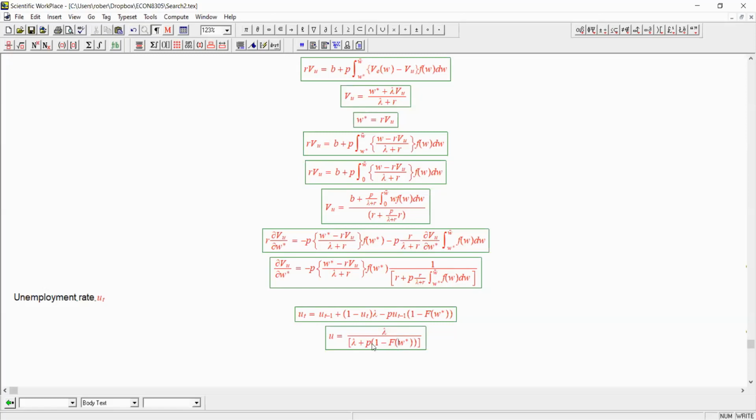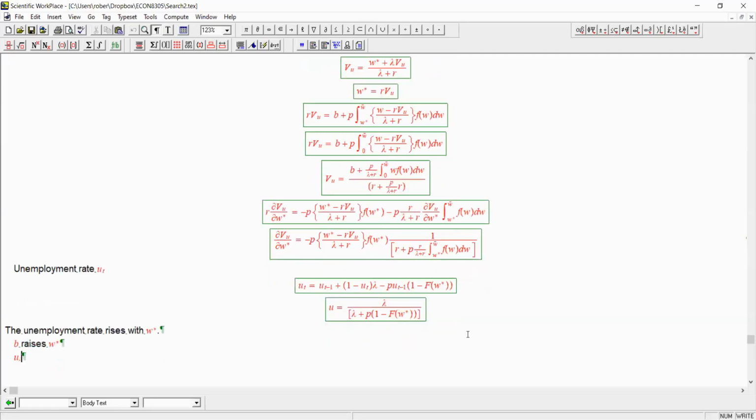So of course that means this declines, the denominator declines, and that means that the unemployment rate rises. The unemployment rate rises with w star. And you may remember that we were discussing before that B raises w star. Therefore, the long run unemployment rate rises with B.